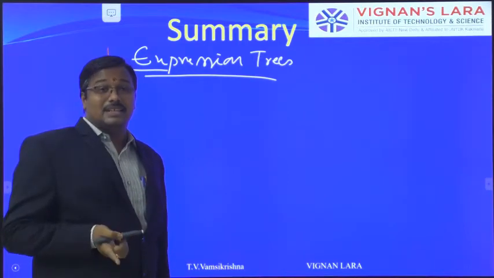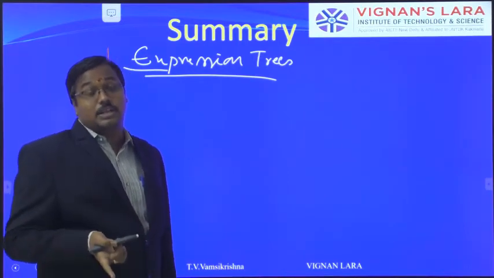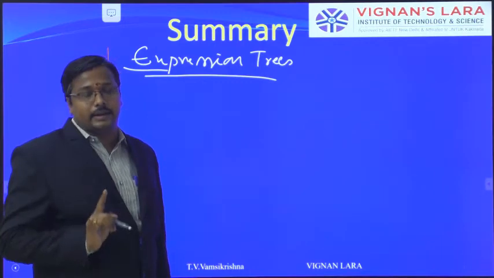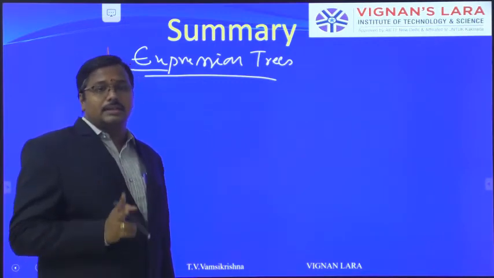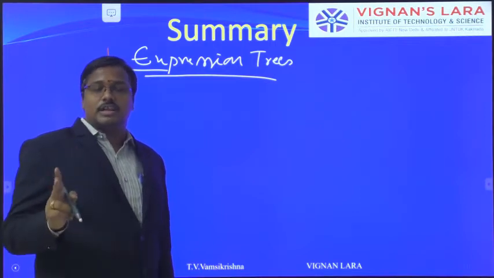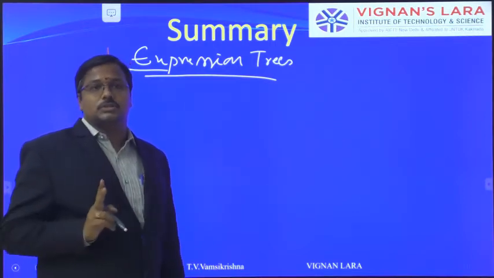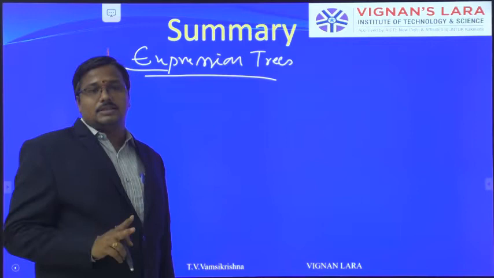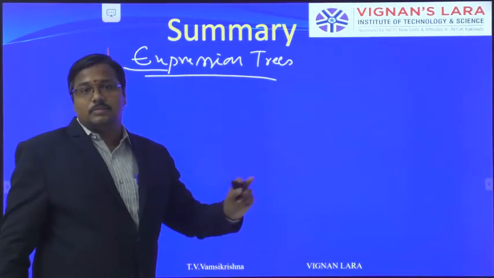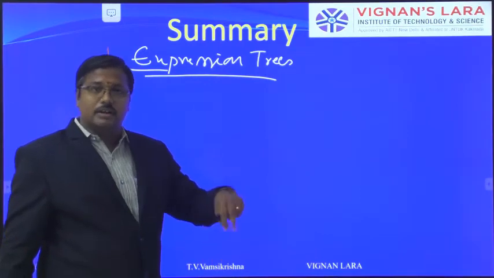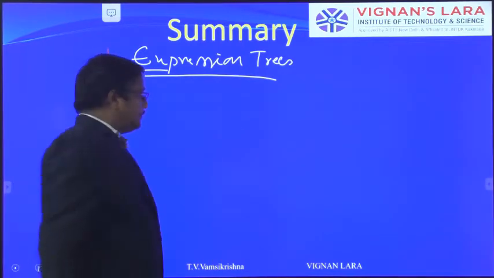Based on the precedence and evaluation of the algebraic expression, the expression trees are constructed. Here we discussed two things: parenthesized expressions and non-parenthesized expressions. For parenthesized expressions, sometimes you are given an expression and asked to construct the tree, and sometimes you are given a tree and asked for the equivalent expression.